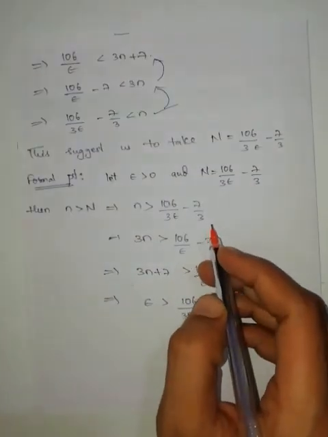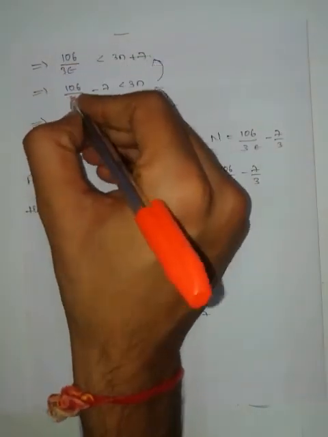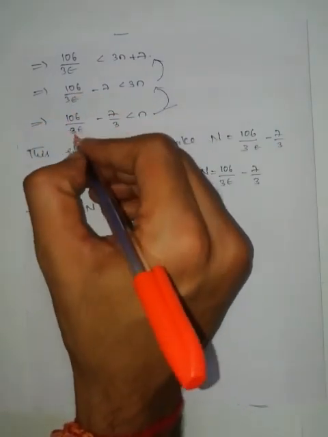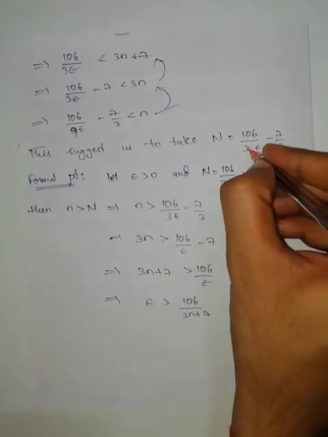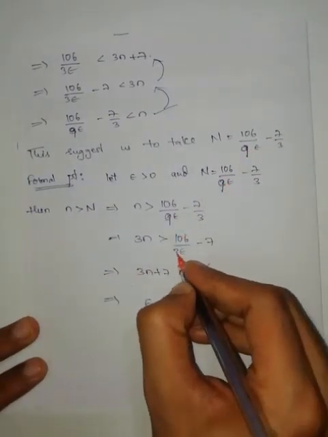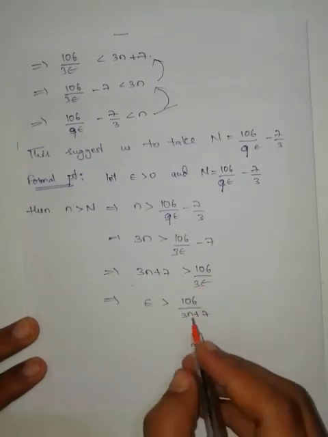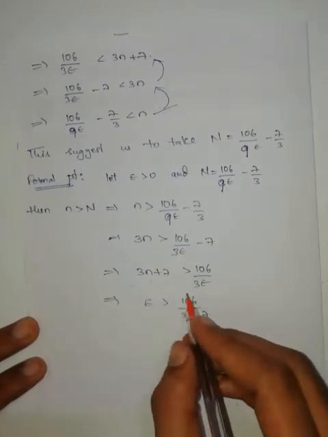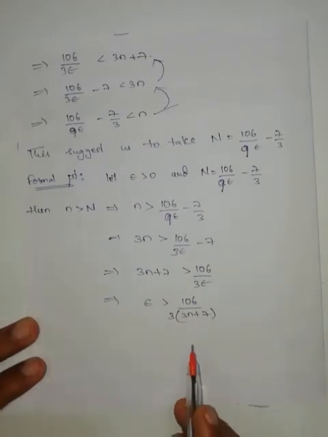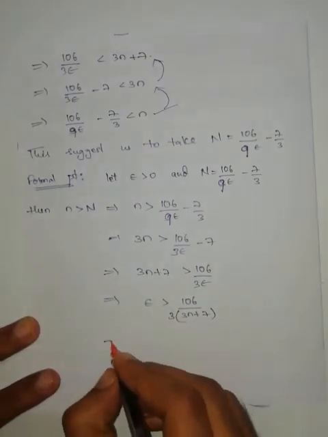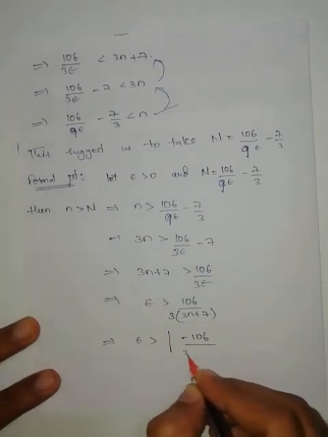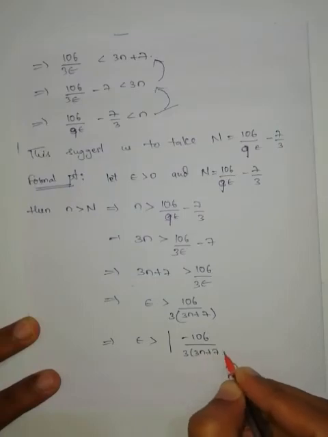I left the 3 here. This is 9 then. So cross multiply, here we will get 3. This one I can write as epsilon greater than modulus of 106 by 3 into (3n plus 7).